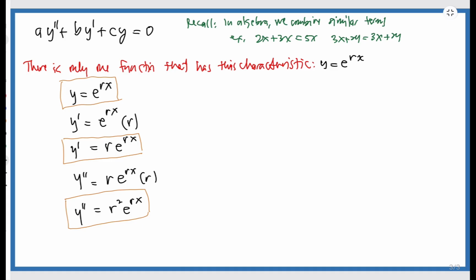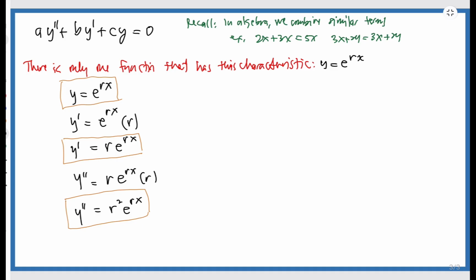So what do we want to do here? We are solving a differential equation, and the solution of a differential equation is a function y, or a function f of x. So in other words, we want to solve for this y which would satisfy the condition that its derivative times a constant plus its second derivative times another constant, when we combine all of them, the result is 0.